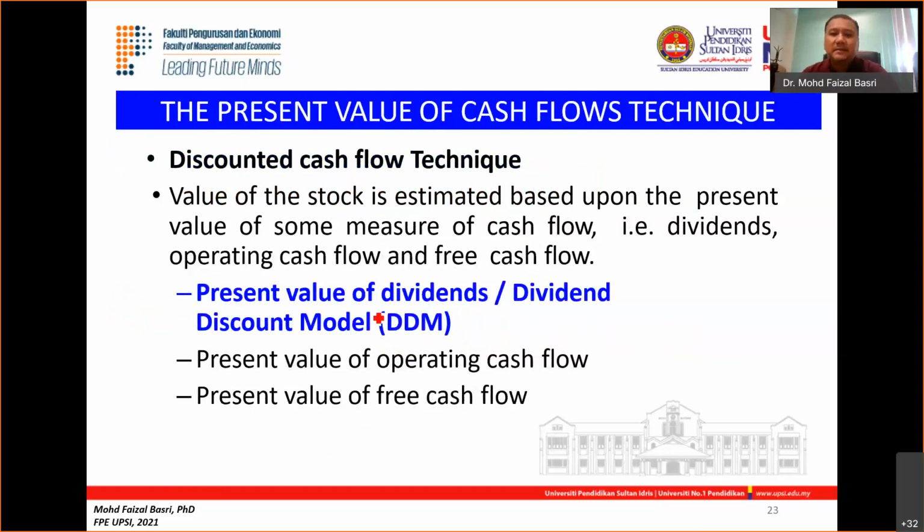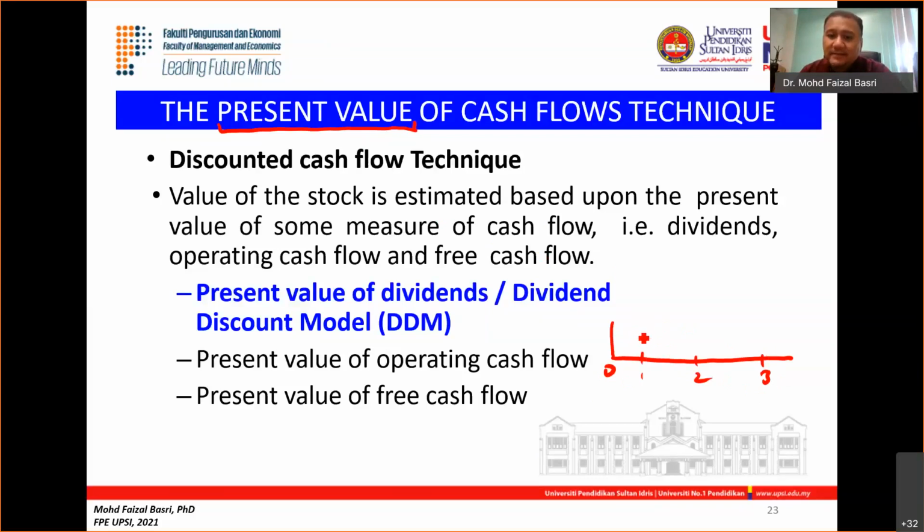So under the DDM, the dividend discount model, hence the name present value, we're going to present value. If you remember the concept of present value, it's something like this. Let's say this is a timeline. We have 1, 2, let's say 3 years, and this is today. For the DDM or the discounted cash flow techniques, they will assume that you will receive dividends every year.